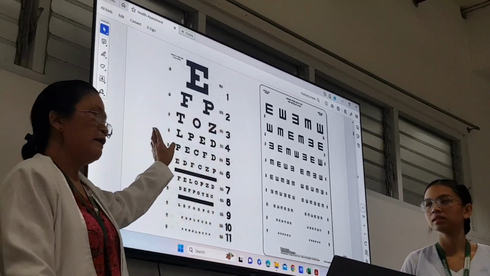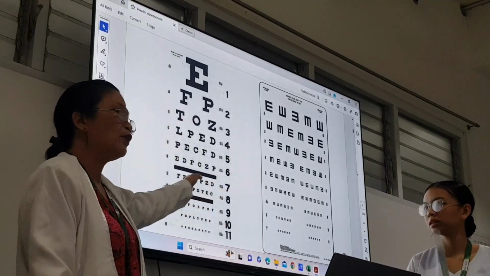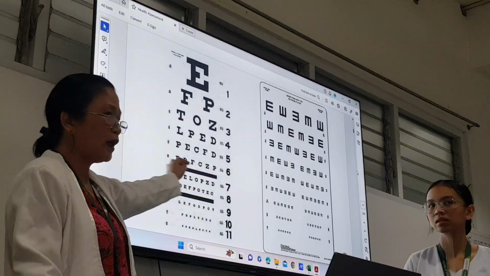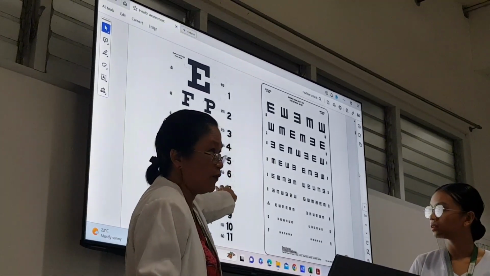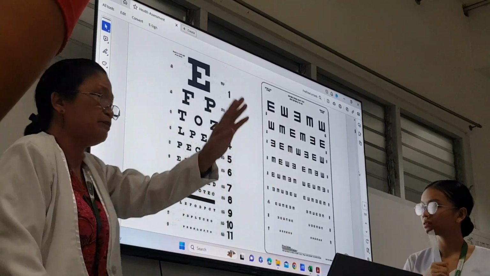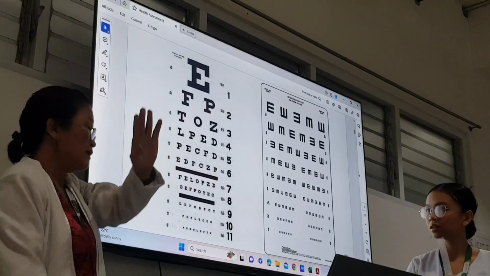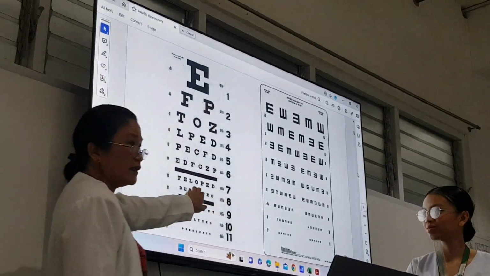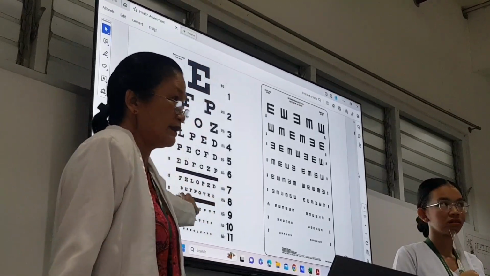So, nagkamali siya ng pagbasa dito sa letter P. Now, you are going to record kung anong letters and how many feet away yung kanyang nabasa. Though ang number 8, that is a perfect score of 20/20, but still meron siyang pagkakamali. It's not perfect for his right eye.